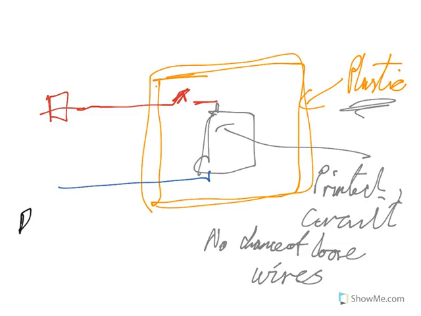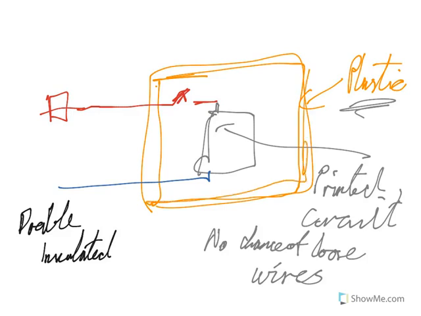So this is what they call double insulated, and as it suggests, two lots of insulation. One of them is the plastic on the outside, and the other is our printed circuit, often covered in plastic or something itself. So if these things are going to break, then the whole thing's going to be pretty much inoperable anyway. So that makes it safe.